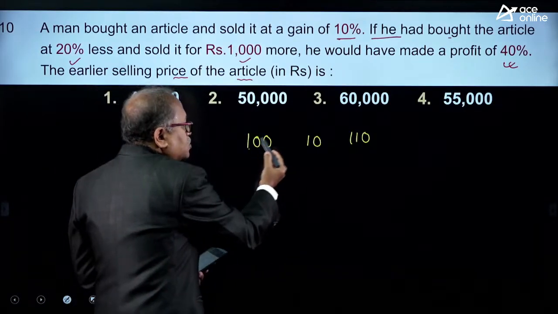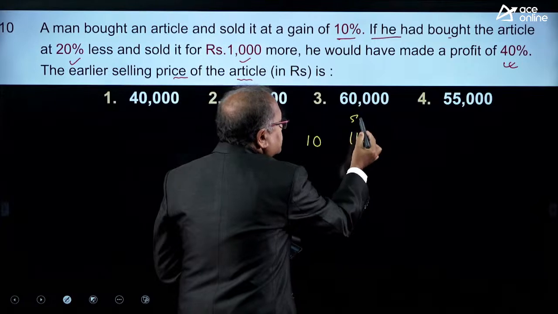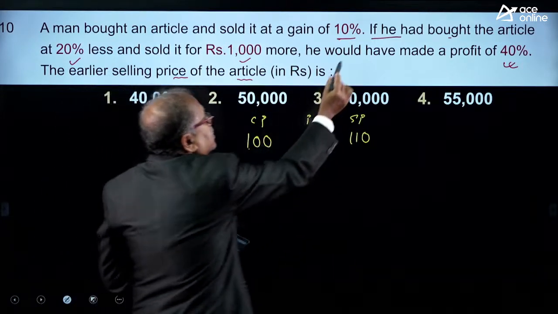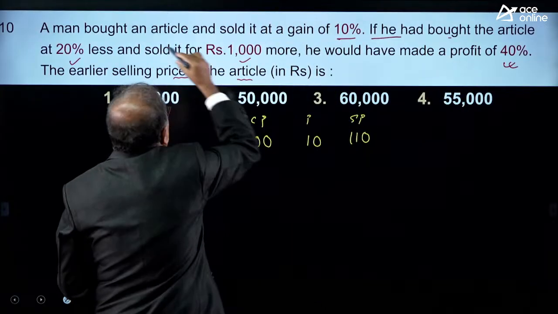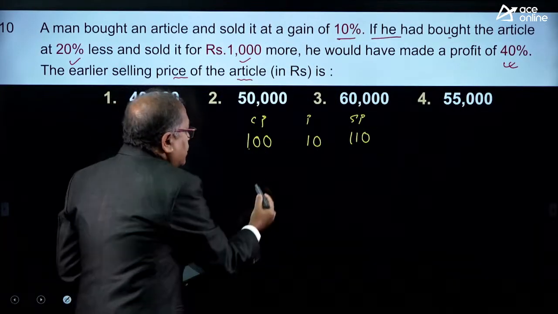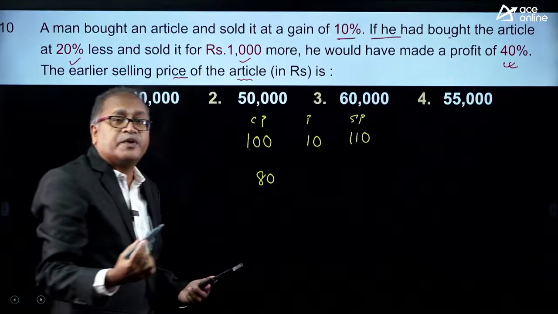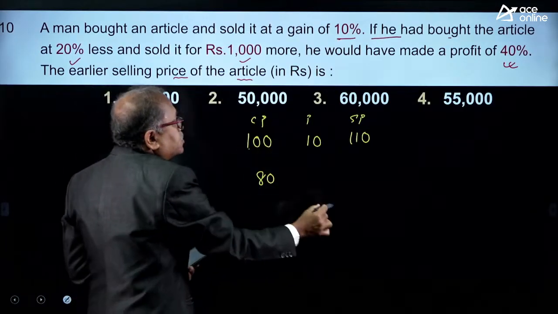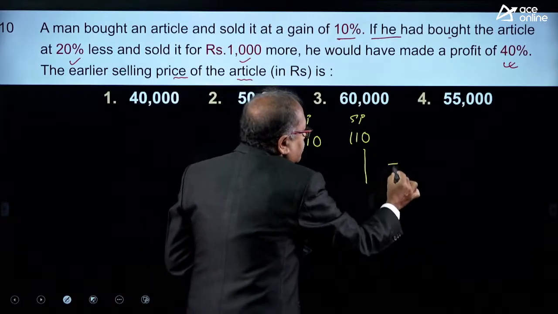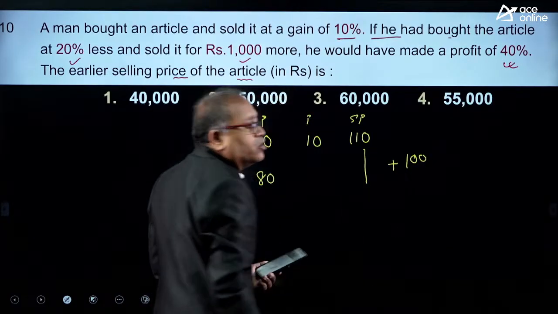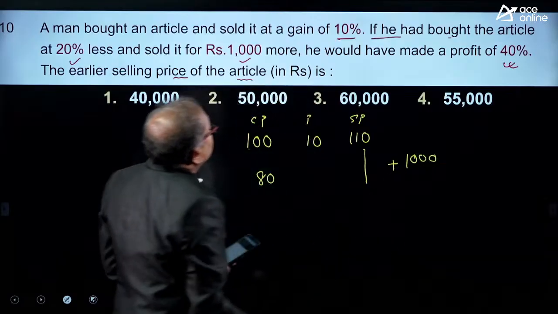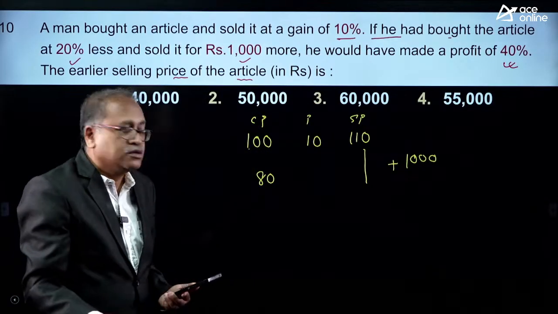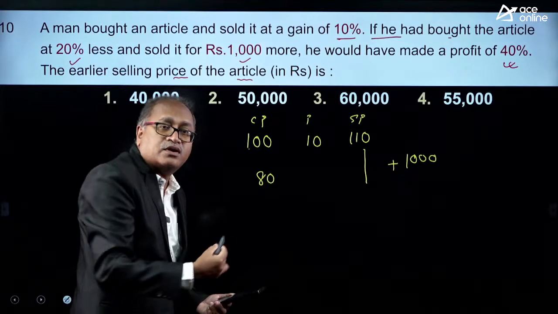Now the condition said that if he had bought the article at 20% less, that means the cost price would have been 80, and sold it for 1,000 rupees more, then he would have made a profit of 40%. So 40% profit on the cost price.